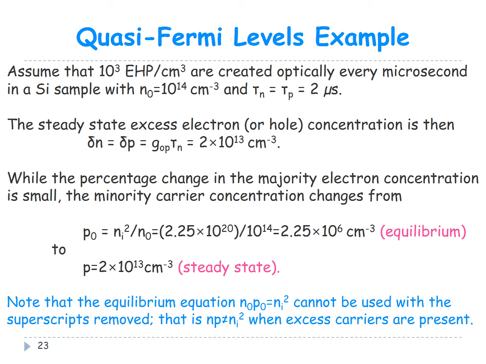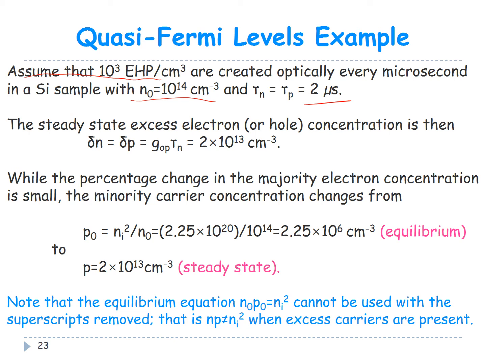This example shows you how to calculate the quasi-Fermi levels. In this example, we are going to assume that 10 to the power minus 3 electron hole pairs are created optically every second in a silicon sample with N naught equal to 10 to the 14 per cubic centimeter, and the minority carrier lifetime is equal to 2 microseconds.